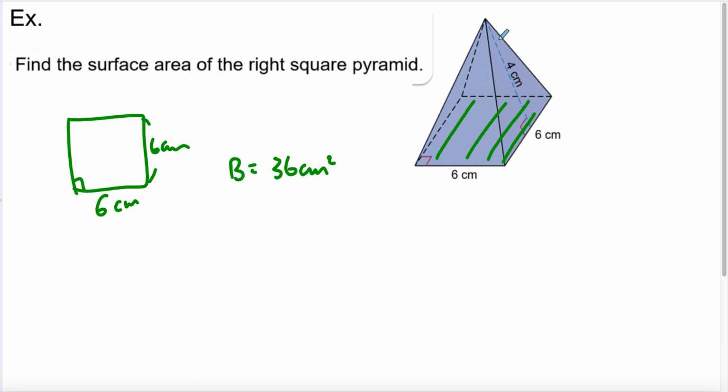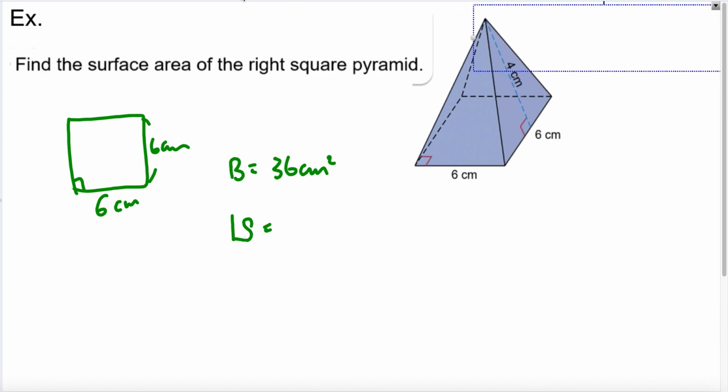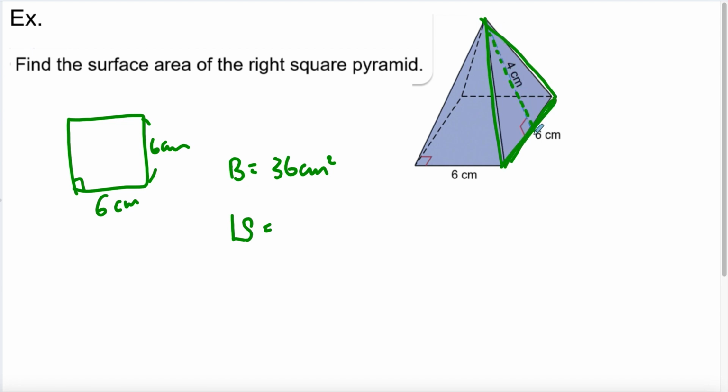And I need to look at the lateral surface. Take a look at the triangle here. You see, the base is 6 centimeters and the height is 4 centimeters because it's a 90-degree angle here.